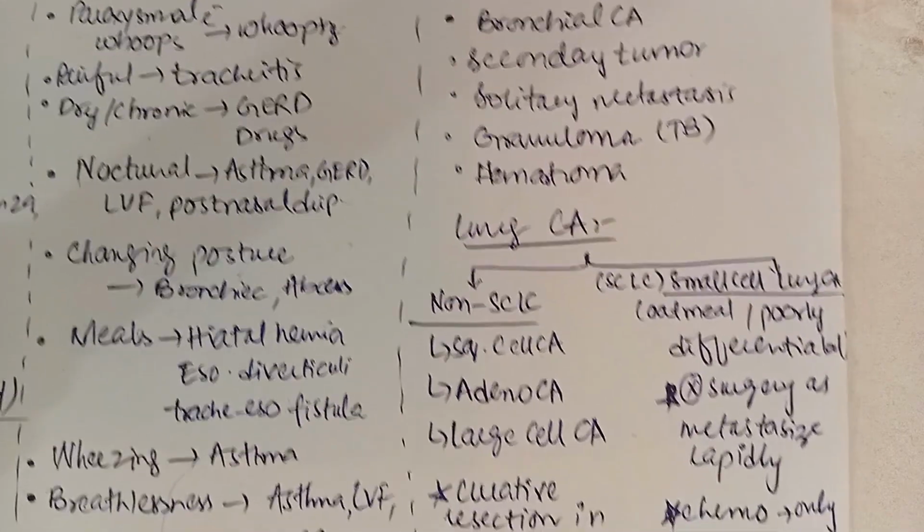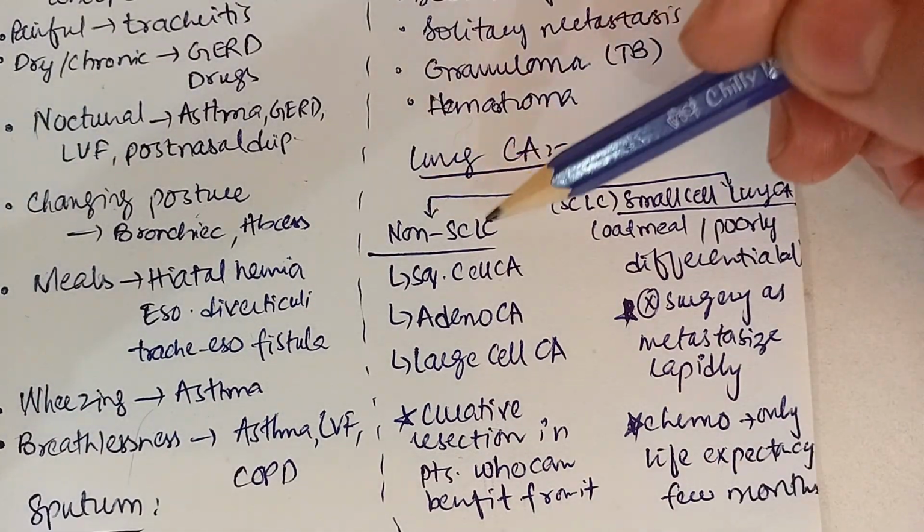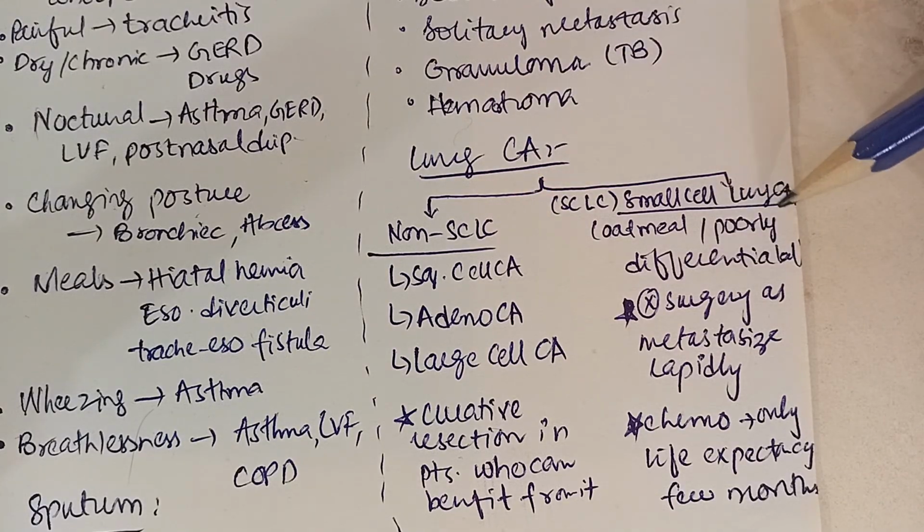Lung cancer can be of two types. One is non-small cell lung carcinoma, and the other is small cell lung carcinoma. Small cell lung carcinoma is also referred to as oat cell cancer and poorly differentiated cancer. This is a very bad cancer, and it has the worst outcome.